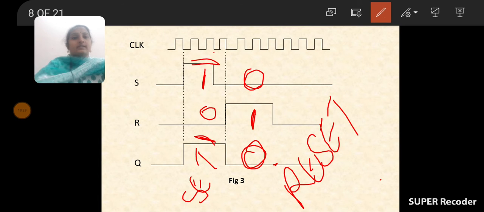When we apply the clock pulse, and after application of the clock pulse, if we apply the main input, set input is equal to 1, we are getting the Q output equal to 1.